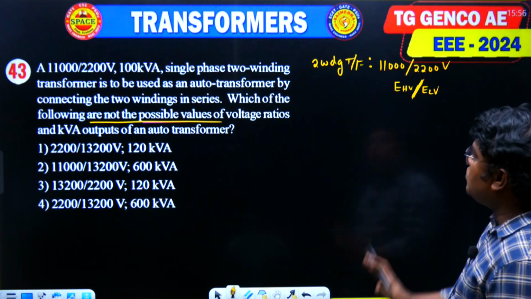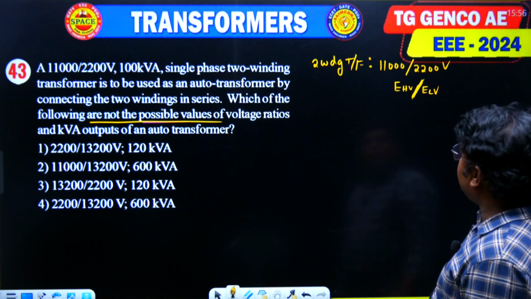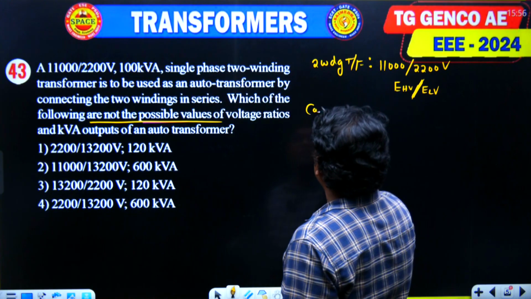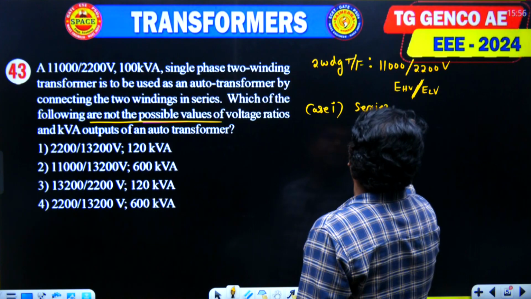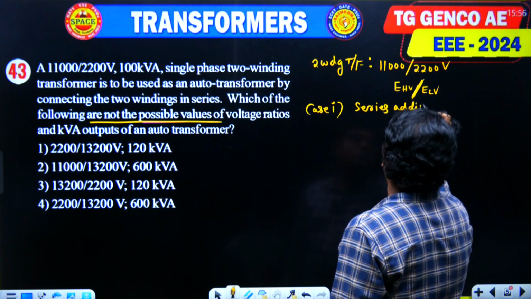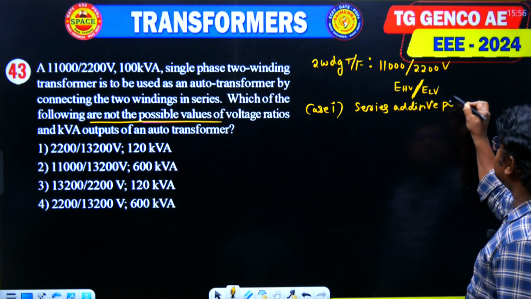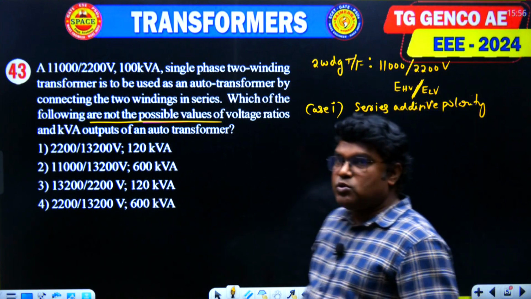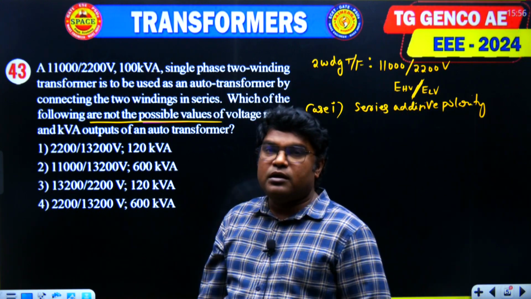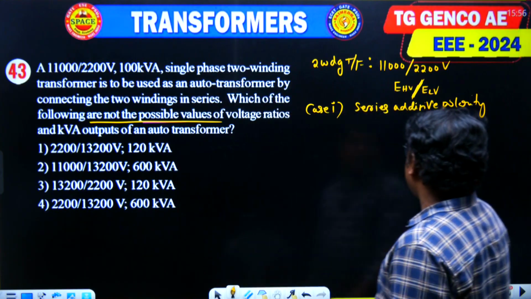So this one is the 2 winding transformer rating. Case one, assume the series additive polarity connection. So assume that the auto transformer is obtained from the 2 winding transformer by that series additive polarity nature.